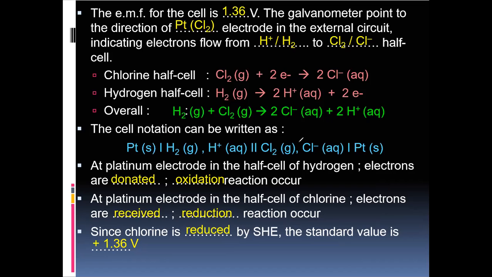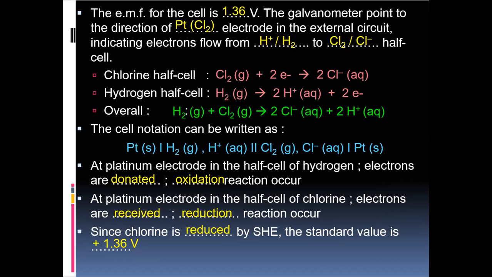You can see here that we wrote it just the same way we wrote our standard hydrogen electrode, because this time around it is not a zinc solid in a zinc electrolyte, that is a zinc ion solution. But in this case, it is a gas. So we have to write the gas and then the solution, then we put our slash, and then we write the electrode. The electrode in this case is platinum solid.